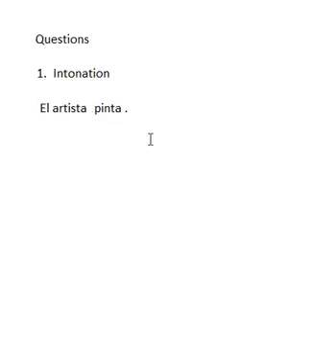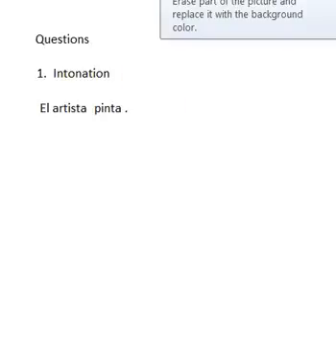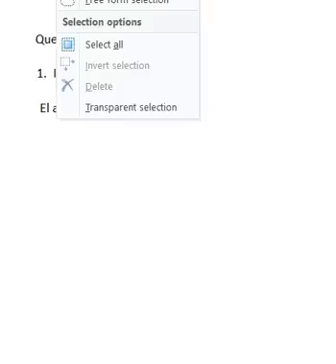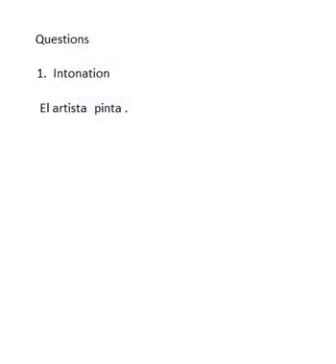Simple sentence. Well, now let's change that by simply making the intonation of our voice into an upward tilt, making your intonation into a question. El artista pinta. Of course, then that's going to become a question.